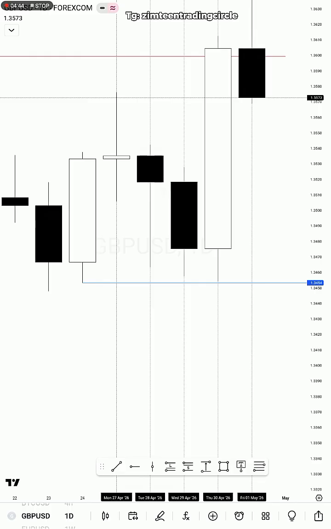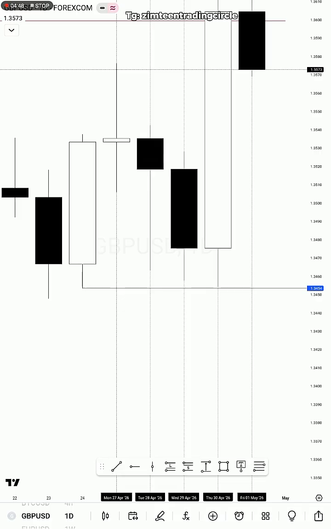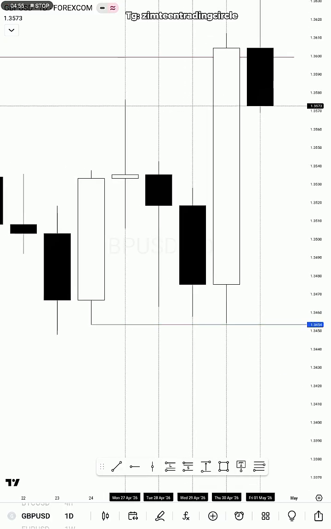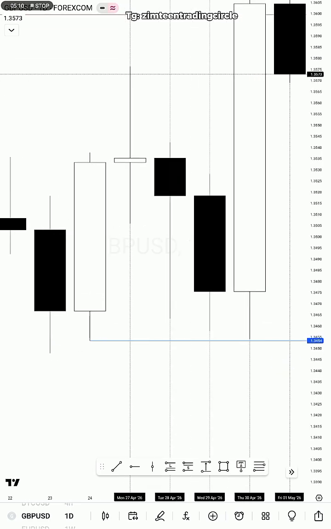The answer is this: it may be an SMT, maybe it completed liquidity on EURUSD, or also it completed liquidity on DXY. So in this case I can say clearly that it's because of SMT. And don't ask me, go to your charts and look for it.